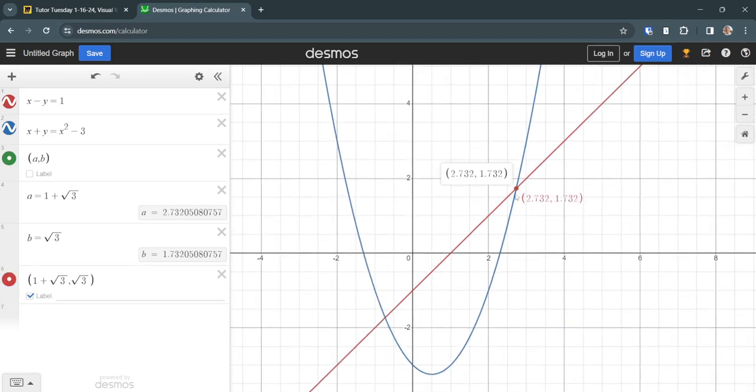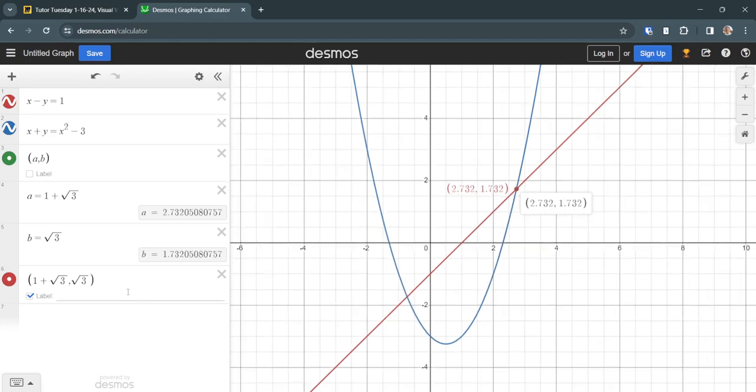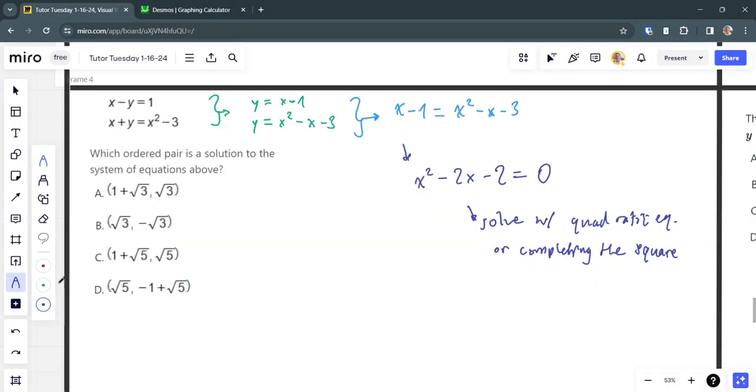You can see definitely this is a point of intersection. And that matches up with answer choice A. So Desmos is just a very quick way to plug things in without having to really solve them and just visualize the solutions. You could plug in these points as well and see none of them work. None of them will give you the right answer.